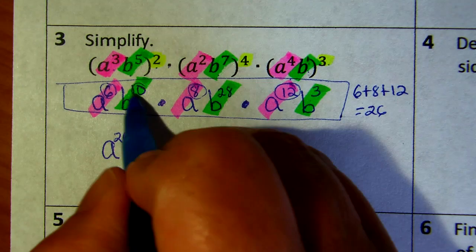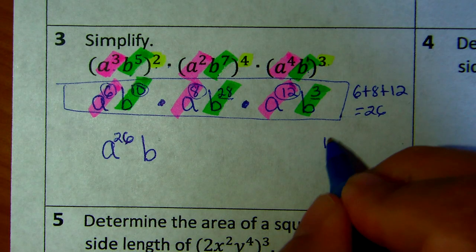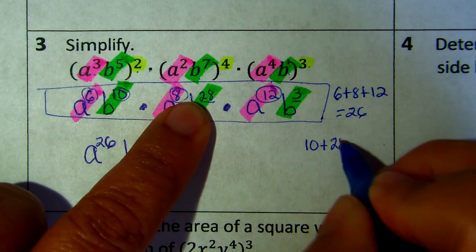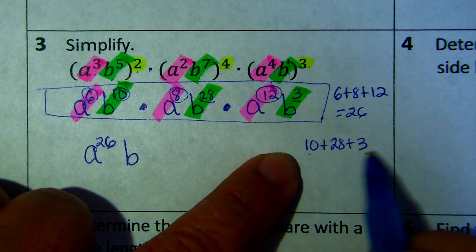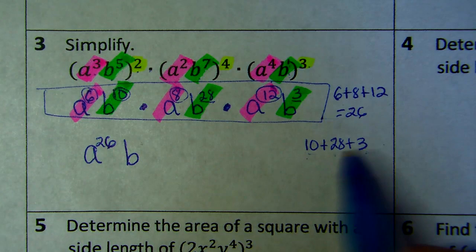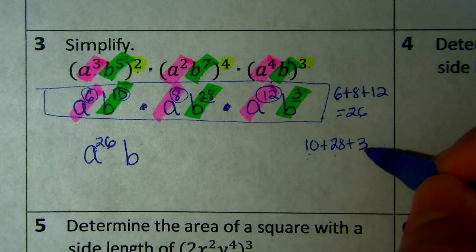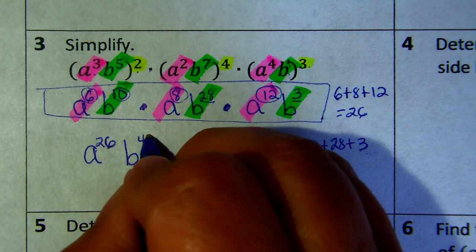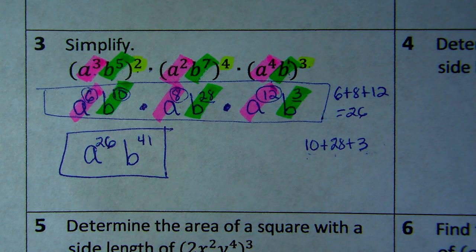We're going to add 10 plus 28 plus 3. So what does this sum give you? 10 and 28, that's 38, 39, 40, 41. So it's b to the 41, and that's it. That is your answer. Okay?